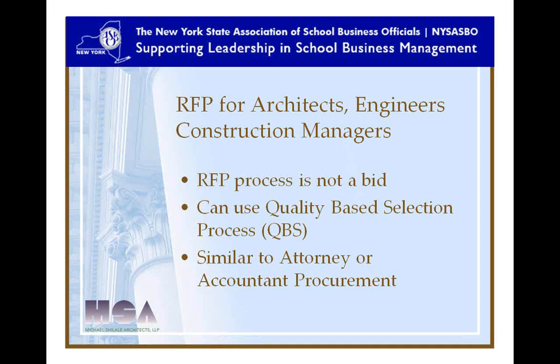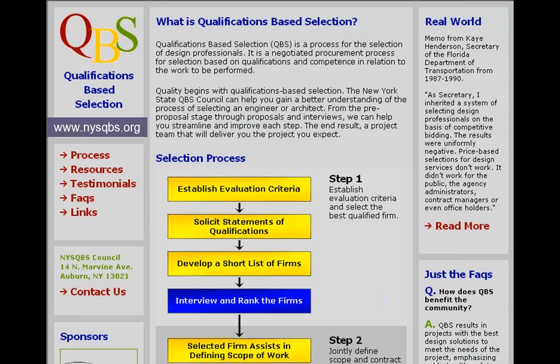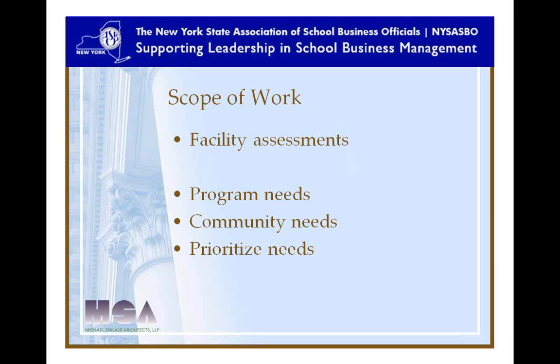And here in New York State, there's a great website for that called nysqbs.org, and they'll even give you a sample RFP, talk to you about what the process should be, and how to select what would be the best consultants for your district and for the project that you envision.